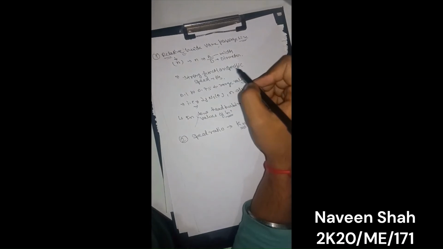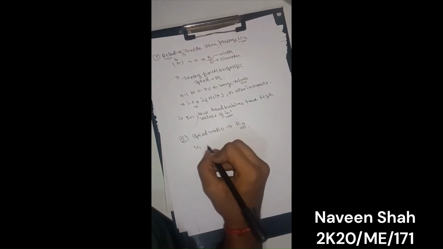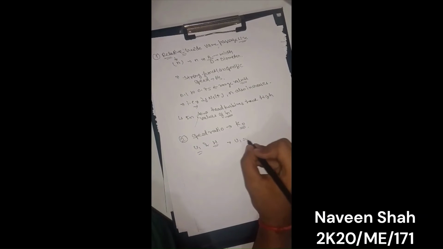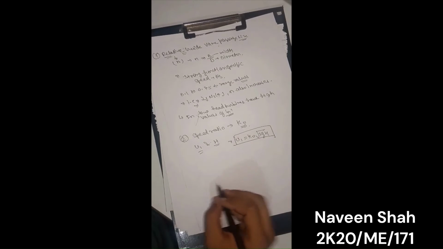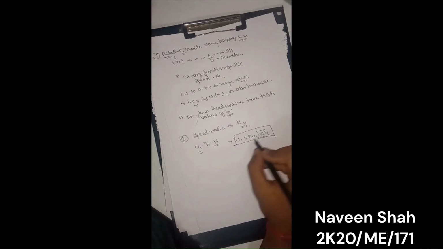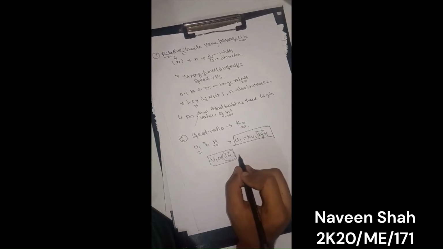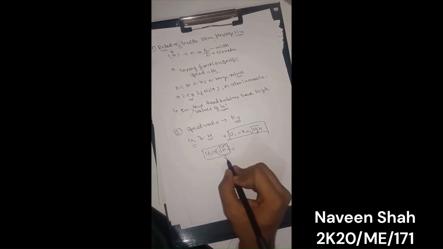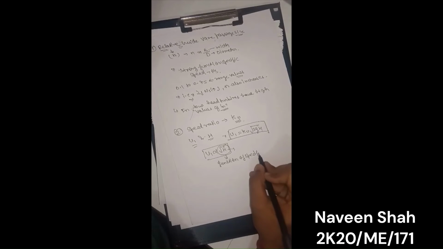Speed ratio tells us about the relation between the peripheral velocity, U1, and the net head of the turbine, H, denoted by U1 equal to Ku root 2gH. Here, we can see that U1 is directly proportional to root H, so it is also a function of specific speed.